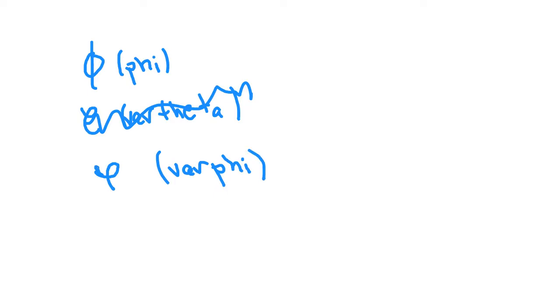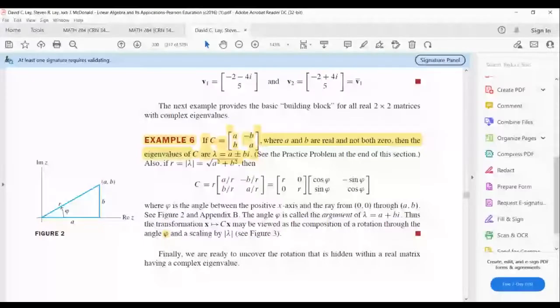Okay, and if we go back to the book here, this is something that was covered when I was taking math. In the figure on the left, I can plot a complex number in the XY plane, where the horizontal axis is the real part of the complex number, we're looking at figure 2 now on the left, and the vertical axis is the imaginary part.